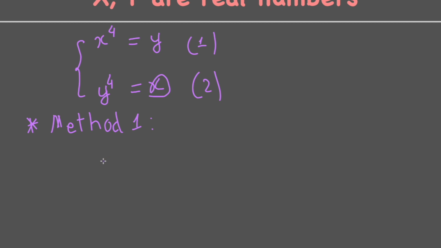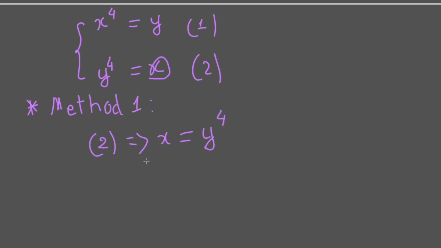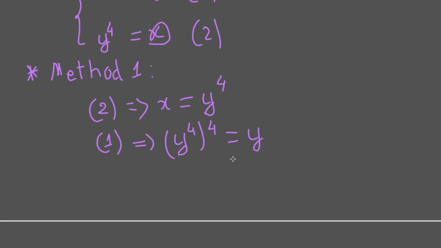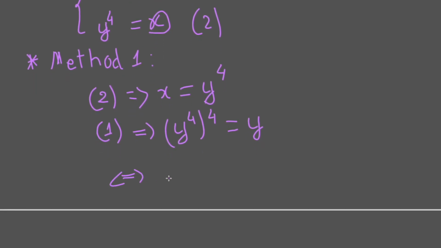From equation 2 we have x equal to y to the power of 4. So we can replace the x in equation 1, where x to the power of 4 equals y, and we have y to the power of 16 equal to y.